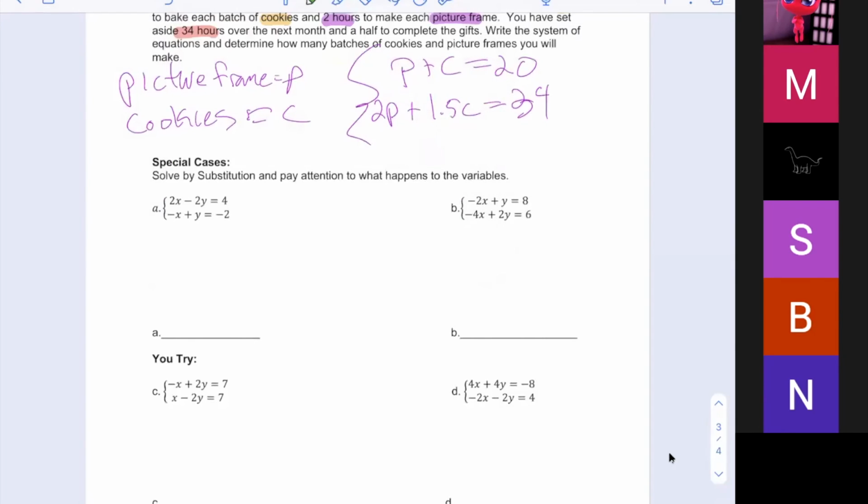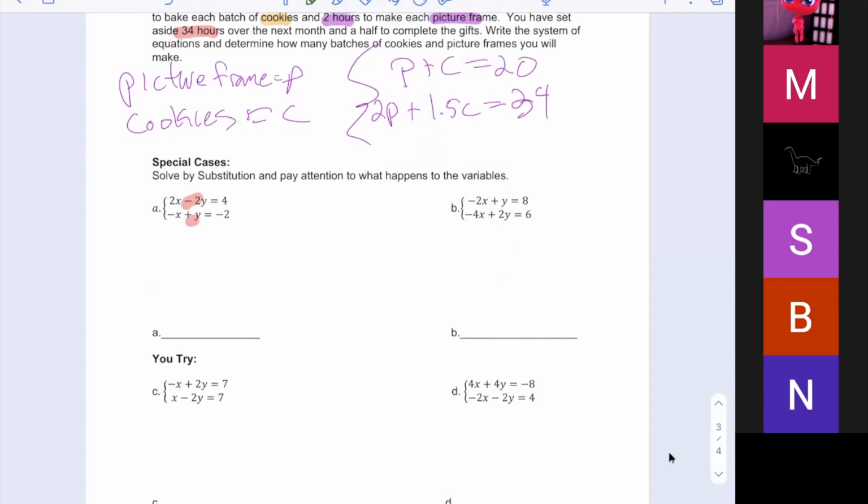Looking at 2x minus 2y equals 4 and negative x plus y is equal to negative 2. Braden, which variable do you want to get rid of? Y, okay. Above I have a negative 2y, and this is just a 1y. So what do I have to multiply that by to get the opposite of negative 2?